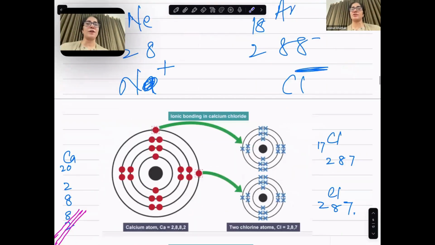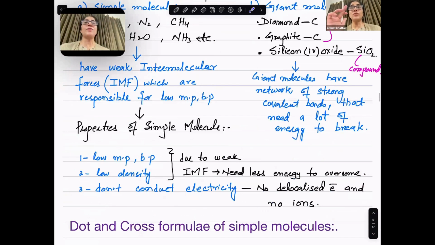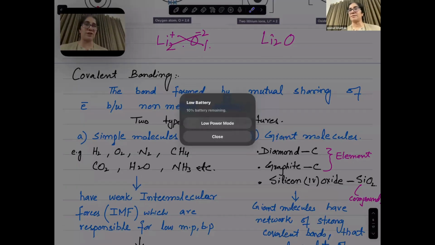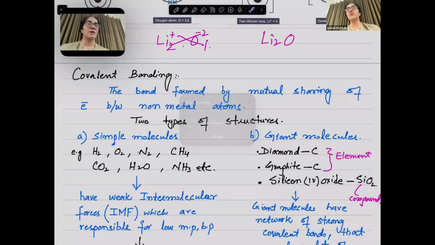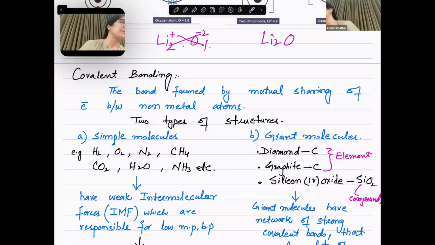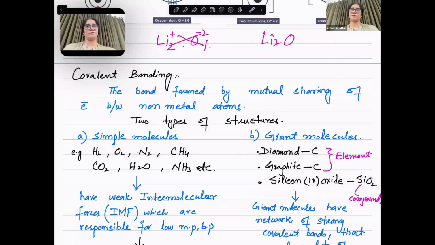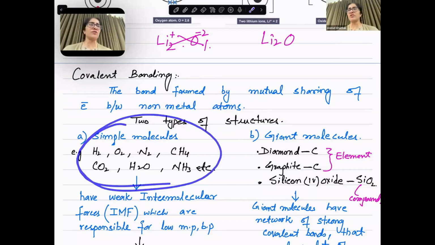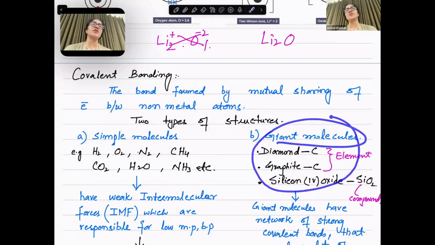Now, in covalent, there are two types of structure: small simple molecules or giant molecules.